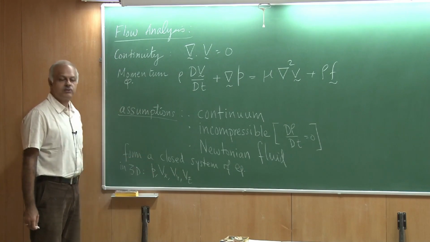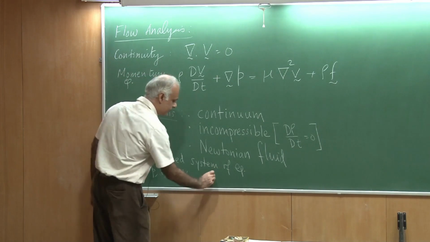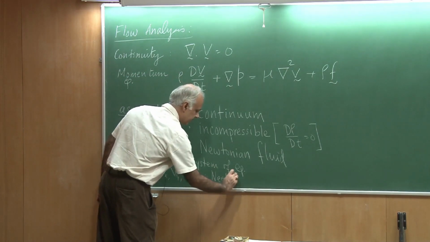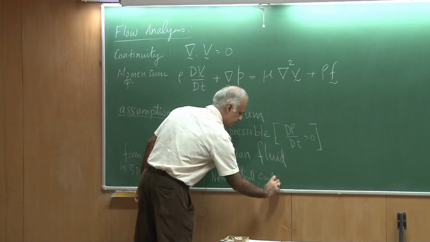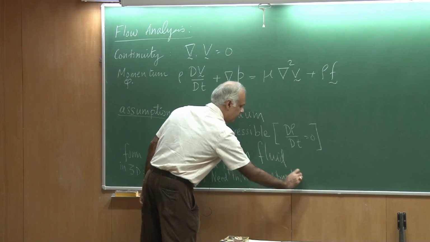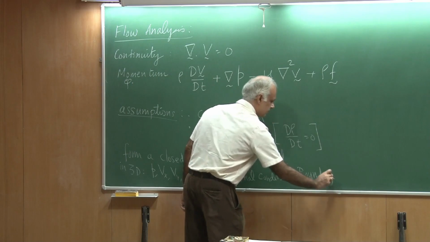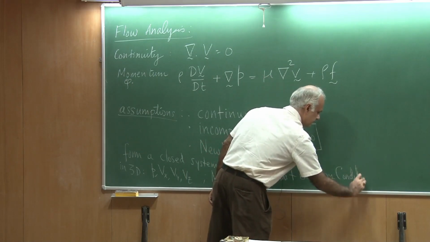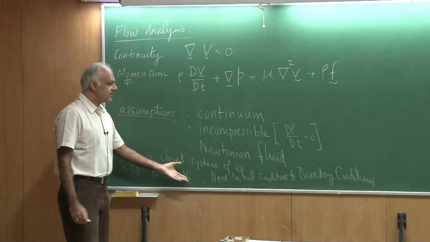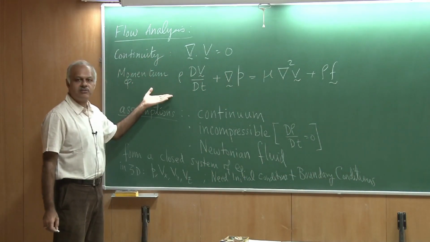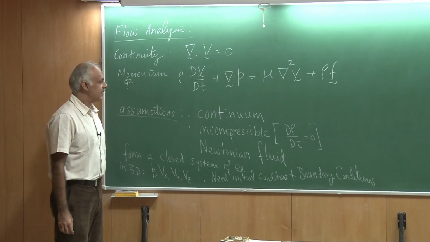So 4 unknowns, 4 equations, and we have a closed system. But we are going to need initial conditions plus boundary conditions. And only then, once we have these conditions, we can solve these equations together with these boundary conditions. So we will have a discussion on that a little later.